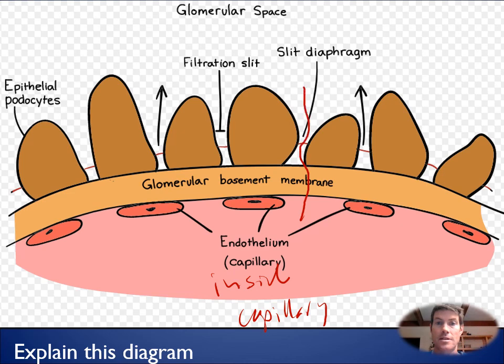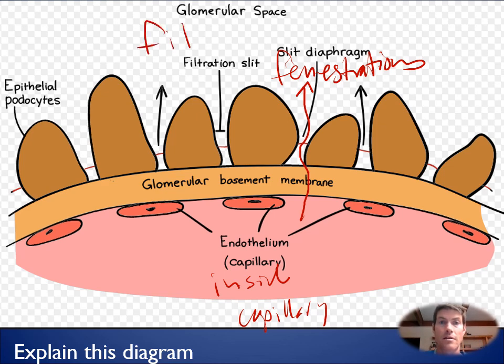And these are the slits, the holes, the fenestrations, where the blood, not the blood, but the filtrate's going to go. So this is all your filtrate out here. And these are the podocytes. They're on the outside, wrapped around supporting it. And all the toxins, all the urea is going to filter out through here.